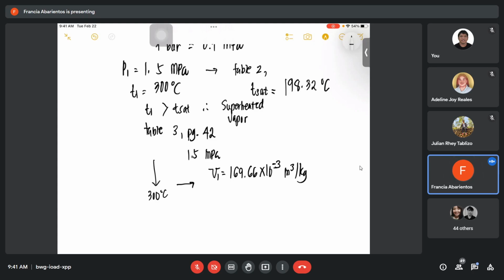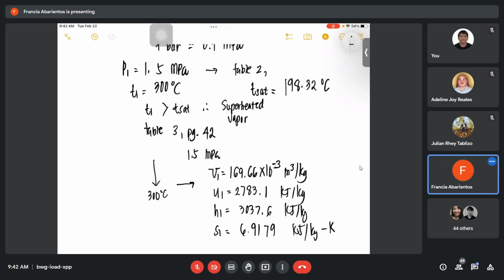The internal energy is 2783.1, H1 is 3037.6, and S1 is 6.91. Is what I got correct, class? So we now have the different states at point 1.